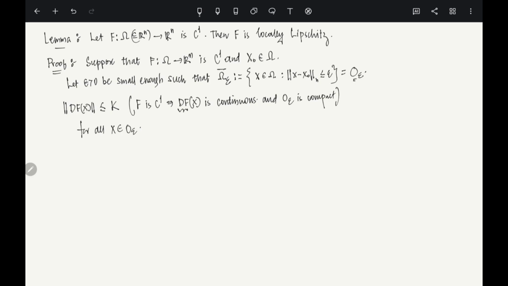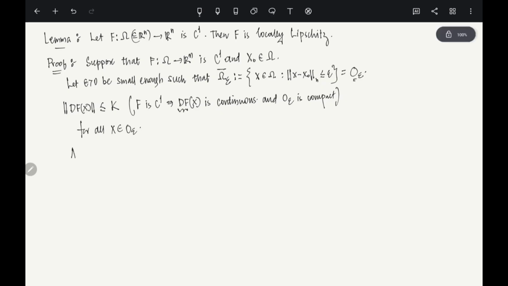You are restricting df to a compact set, and we know that a continuous function on a compact set is going to be bounded. So basically it attains a maximum somewhere on the compact set, that is what I wrote. So the norm of df x is bounded. Clear? Okay.